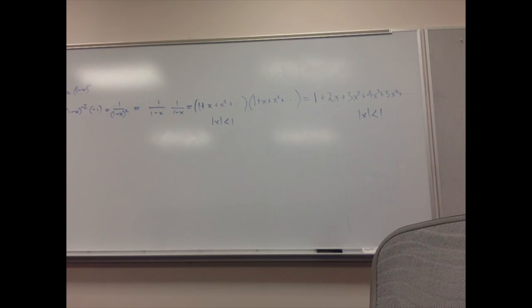That formula 1 over 1 minus x, that's the sum for the geometric series. Find where it converges, and then what are you trying to say? So that gives me the sum of the series.